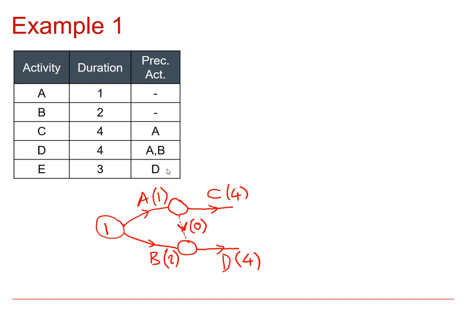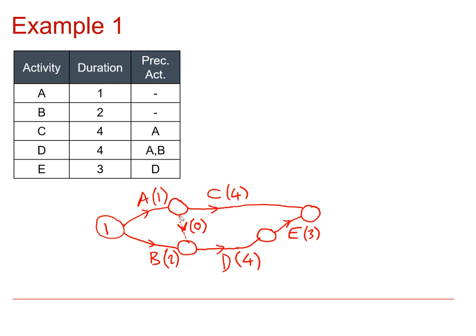Now activity E just depends on activity D, so we do need an event here, and activity E must leave there, and then of course to finish we'll have to have both activity C and activity E meeting at this sync node.